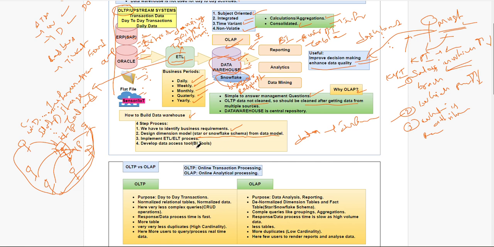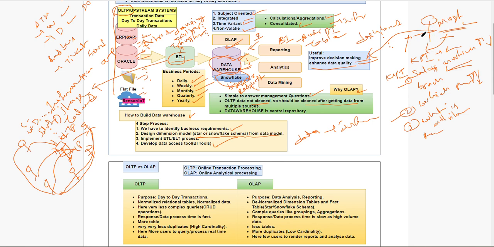Then, how to implement the ETL or ELT process. Whatever I discussed here is the ETL process. We have another process, ELT. Down the line, we'll discuss that. And develop the data access, meaning the BI tool. Normally we follow these four steps. First, we identify the requirement.